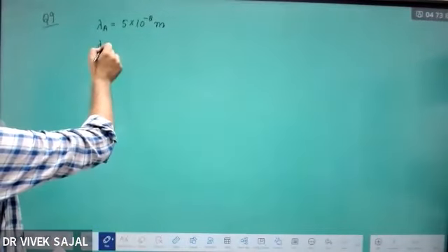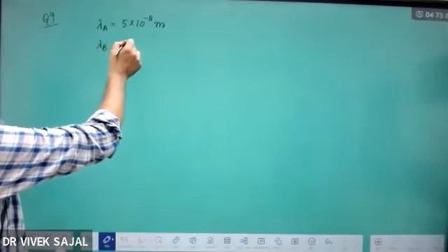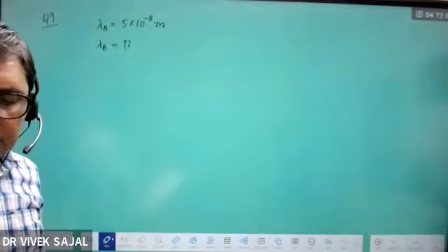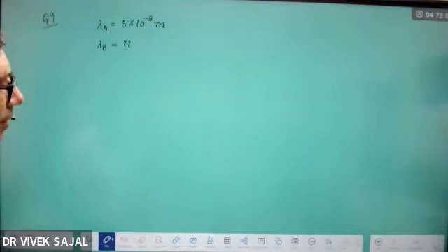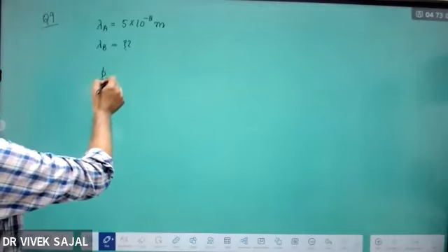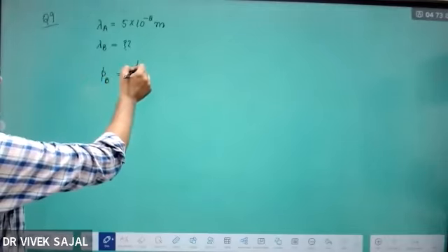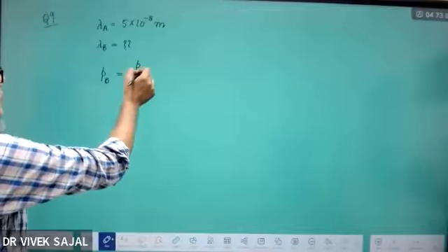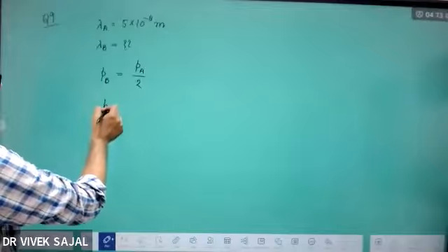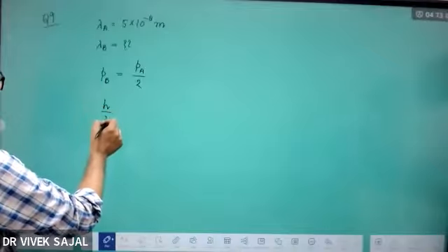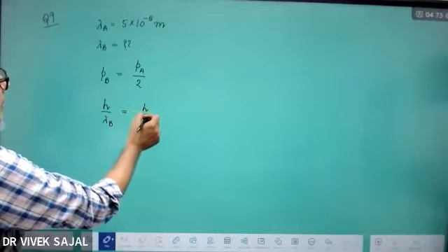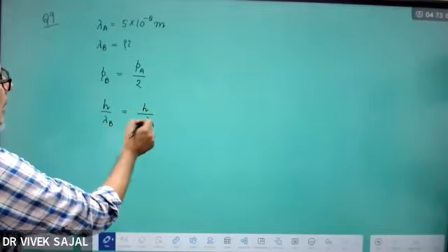Lambda B you have to calculate, if its momentum is half that of A. So what condition are they saying? The momentum associated with B is half of the momentum of A. So what is P? P is h upon lambda B. Here it will be h upon lambda A, and this will be 2.